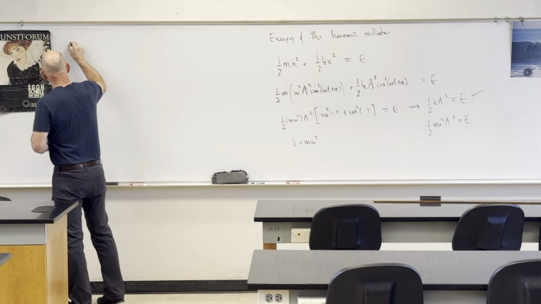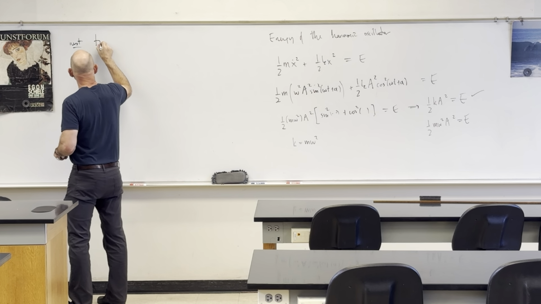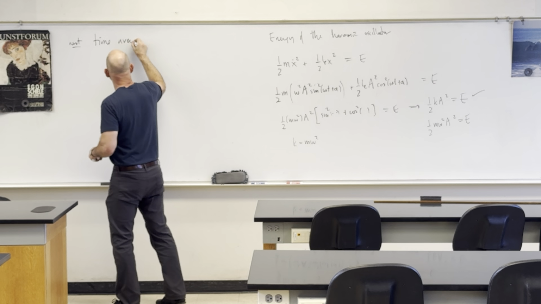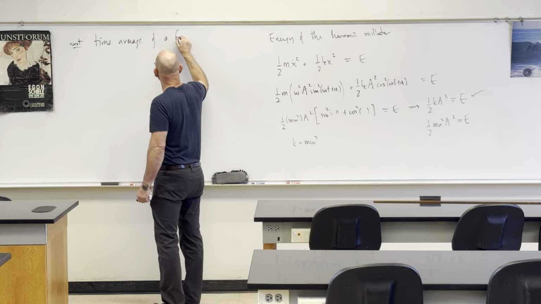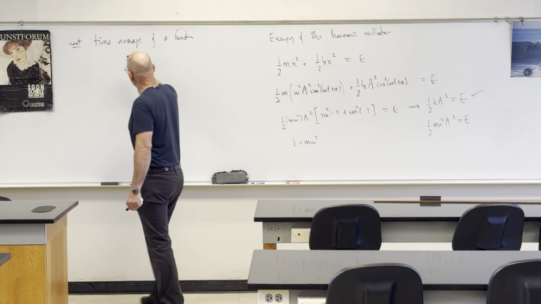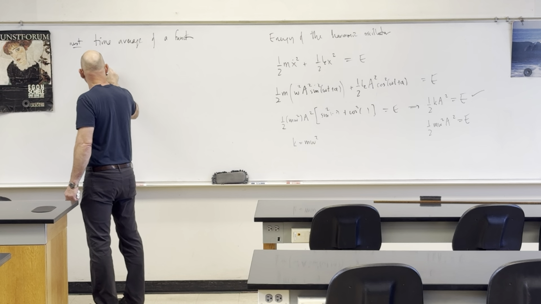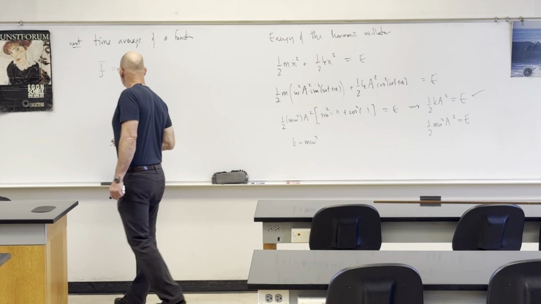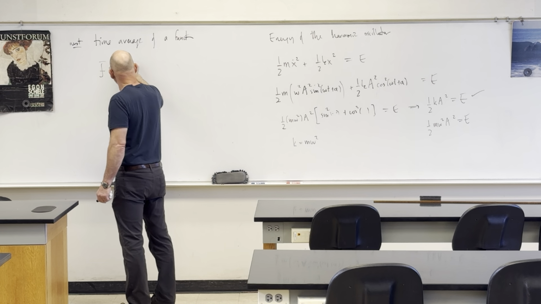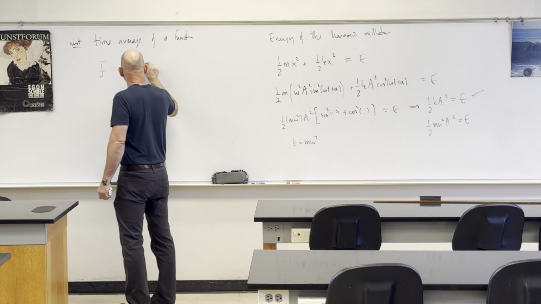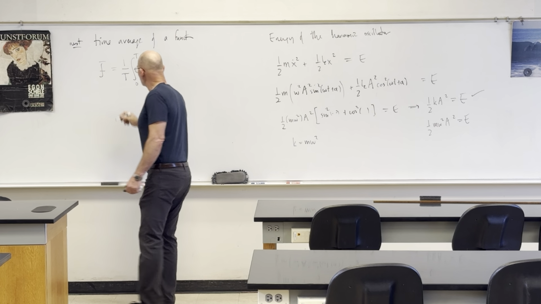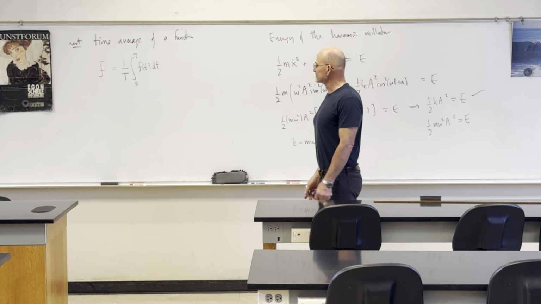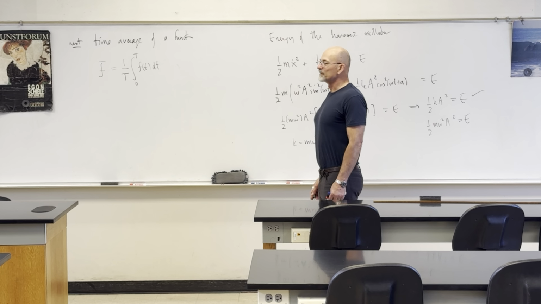So next we're going to look at time average. The time average of a function F is equal to 1 over the period times the integral of F of t dt from 0 to T. That should make sense, right?